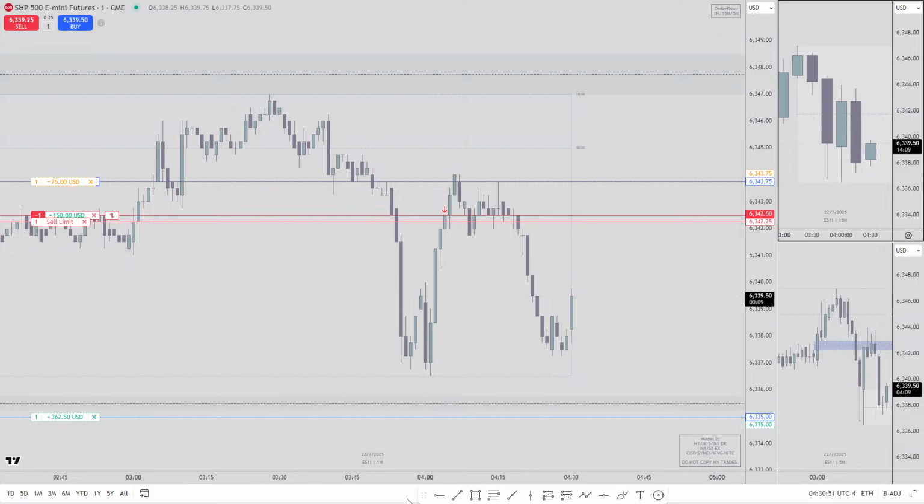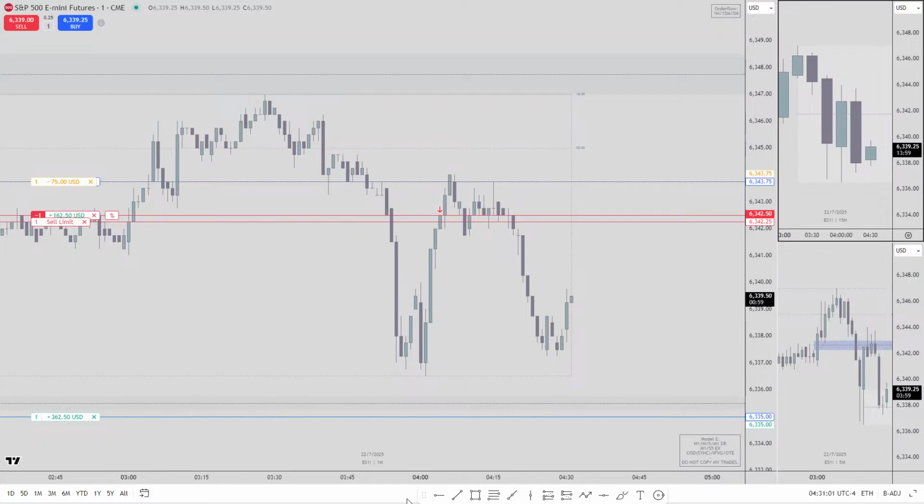Okay, so right now I would be surprised if price came back up and tagged my pyramid entry. I would be very surprised, okay? Because at this point in time, I don't think it's gonna retrace all the way to remove this entire displacement.